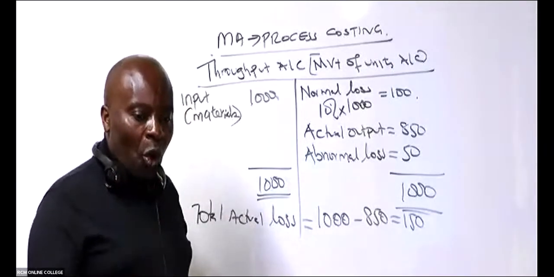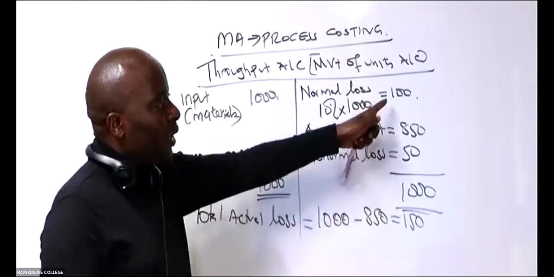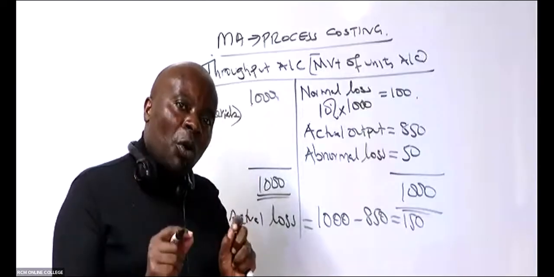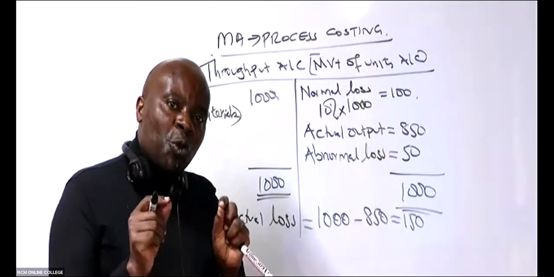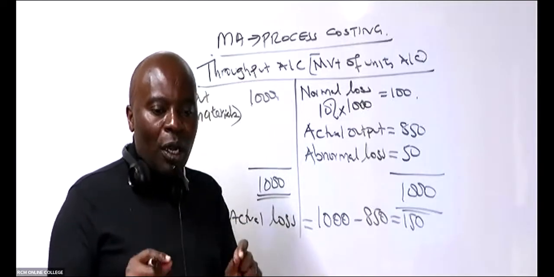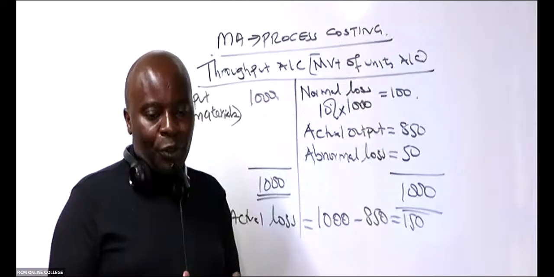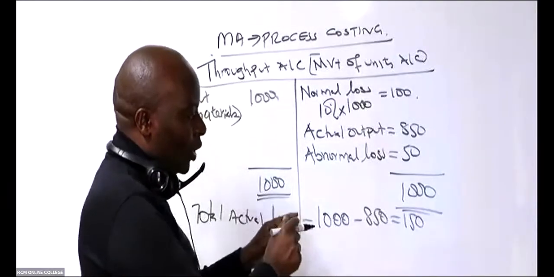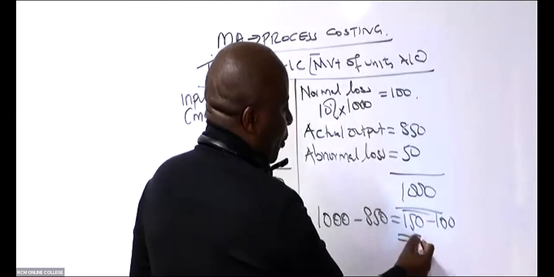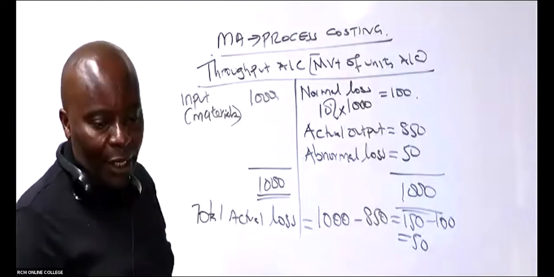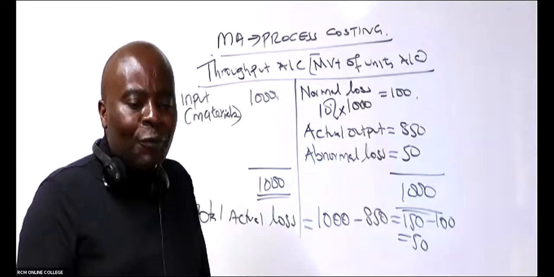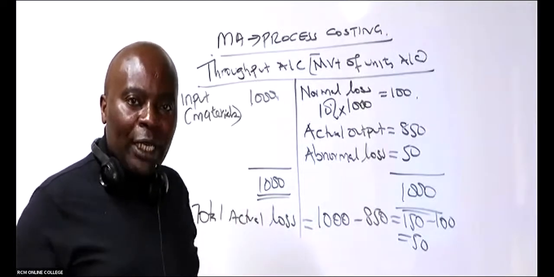And this total loss of 150 is more than the normal loss. Whenever the actual loss is more than the normal loss, we get what we call an abnormal loss. The actual loss is 150 and the normal loss is 100. If you subtract 100, we get an abnormal loss of 50, but we don't have to go that way at all.